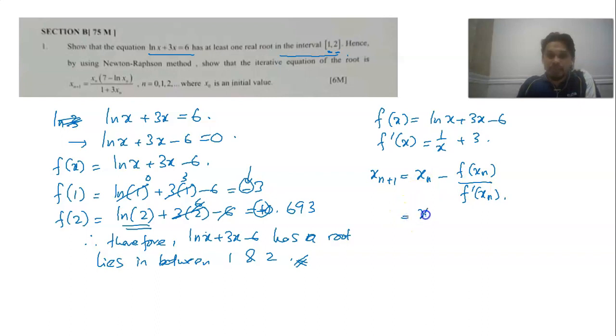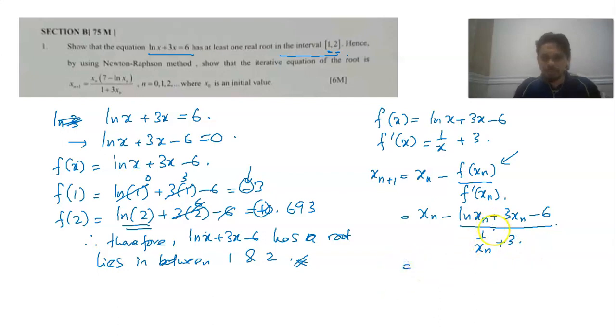Now xn minus natural log of xn plus 3xn minus 6, divided by f prime, which is 1 over xn plus 3. This is how we elaborate the whole function to get exactly the same as this one here.